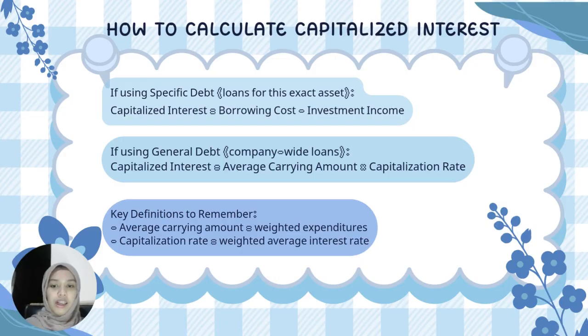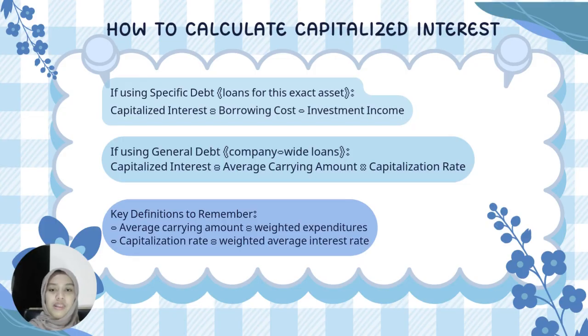The formula is capitalized interest equals borrowing cost minus investment income. Borrowing cost is the total interest you pay to the bank. Investment income is the money you earn from investing the unused loan money. So you take the interest you pay minus the interest you earn from idle cash. The result goes to asset cost.